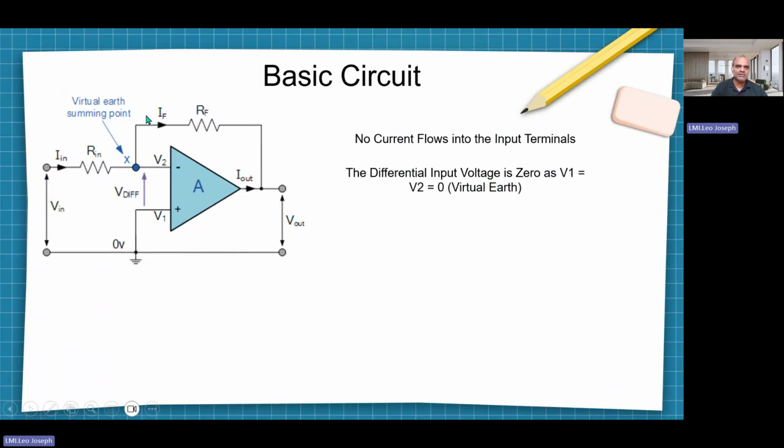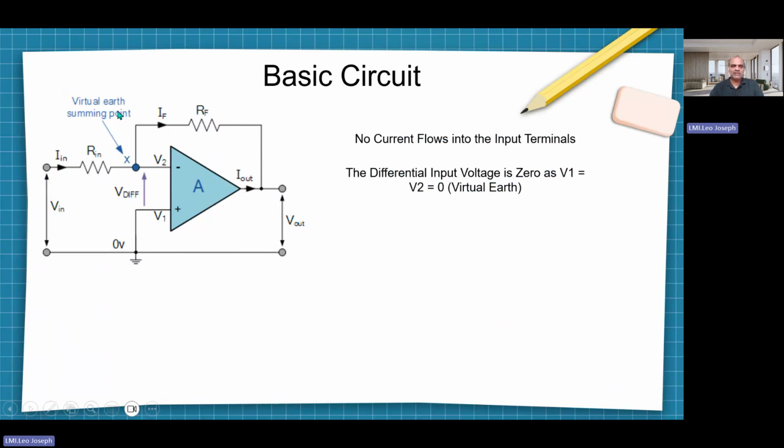This is called the virtual earth, or summing point, or virtual ground concept. So here they are showing current, but ultimately due to this virtual ground concept, the IF becomes automatically zero. So ultimately, what is the current flowing across RF? Not IF, it is only the output current of the operational amplifier.